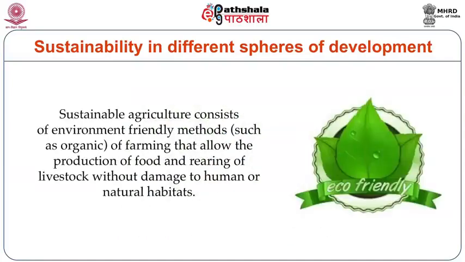Now, sustainable agriculture consists of environment friendly methods of farming, for example organic farming, that allow the production of food and rearing of livestock without damage to human or natural habitats.